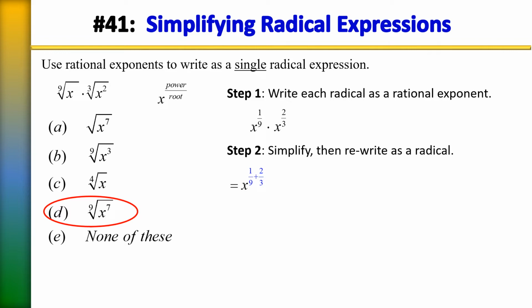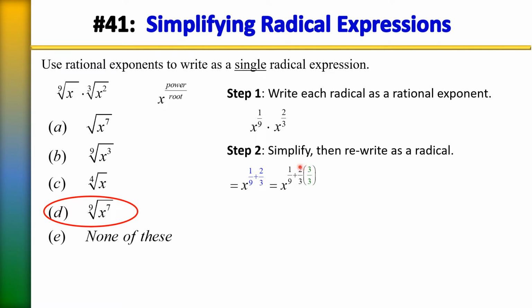Notice here that the LCD then would be 9. So I would need to multiply the top and the bottom of the second fraction by 3. When I do that, then I will have equivalent fractions here. So 2 times 3 is 6.